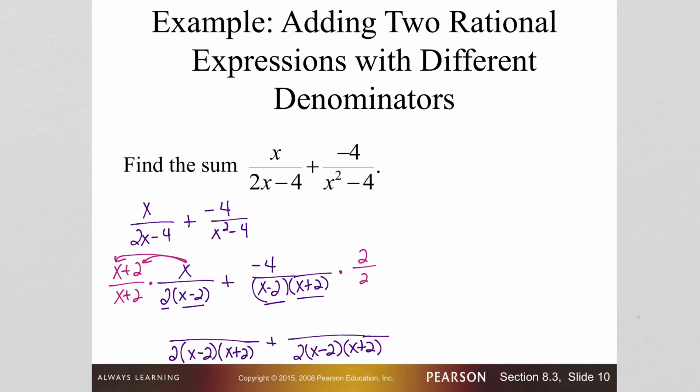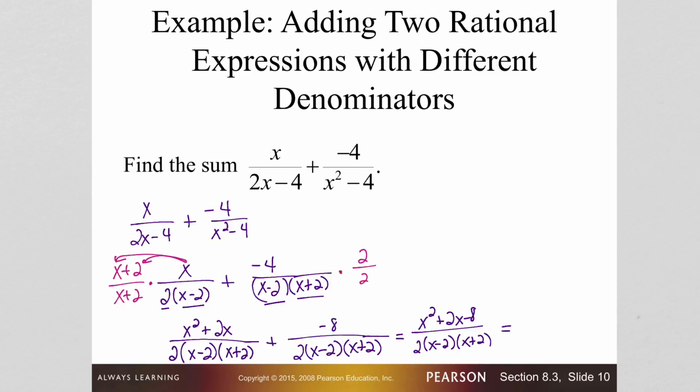So I'm going to get x squared plus 2x, and on the right, I'm going to get minus 8. So now, I don't really have any like terms that I can combine, so I'm just going to rewrite it. X squared plus 2x minus 8 over 2 times x minus 2, x plus 2.